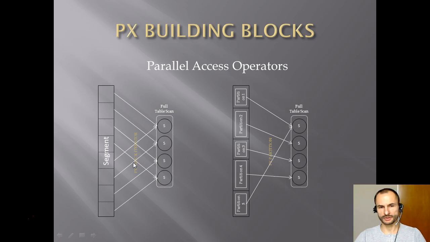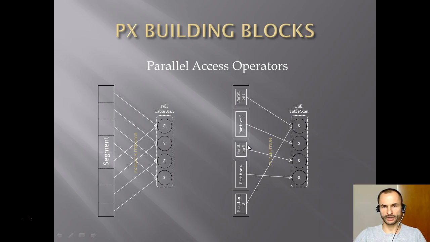The most common one is this dynamic one, which is called PX block iterator, which means that basically Oracle divides one segment dynamically into multiple chunks of the same size. So that's basically block ranges, starting from this block to this block, or maybe even row ID ranges, starting from this row ID to that row ID is one chunk, and so on.